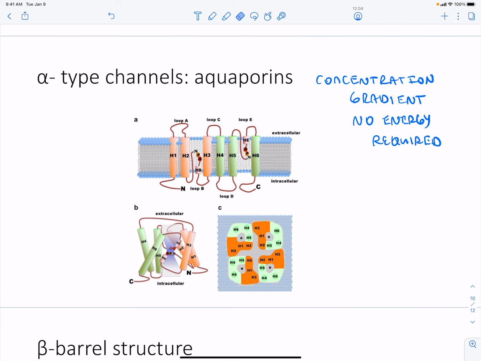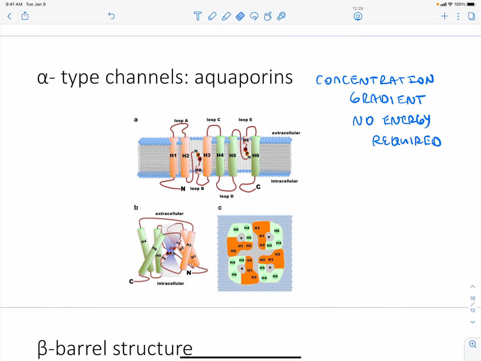Now your aquaporins specifically are going to transport water into cells, and there are 10 different aquaporin proteins in humans. They are going to be part of the cell membrane as homotetramers, and the monomers are going to have 6 transmembrane domains associated with them. They are going to be important in proximal tubules as well as in collecting ducts.